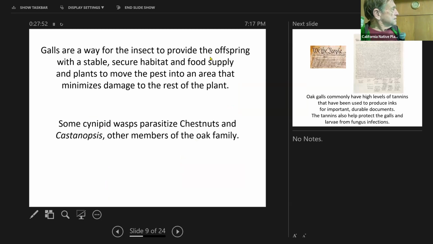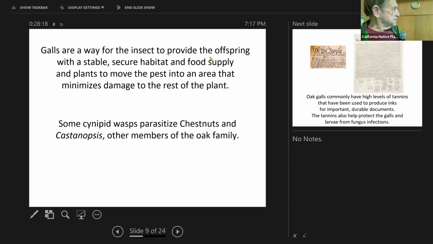The galls are a way for the insect to provide their offspring with a stable, secure place to live, food supply, and in some cases, protection from predators and parasites. And the plant can grow this material off somewhere away from the main growing parts of the plant to minimize damage to the plant.